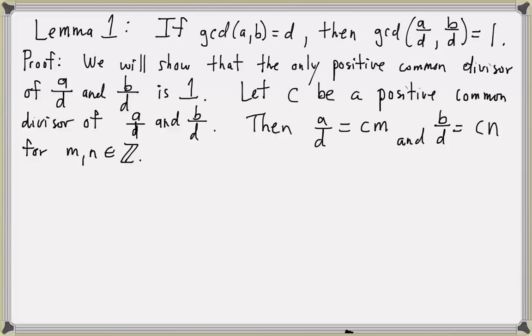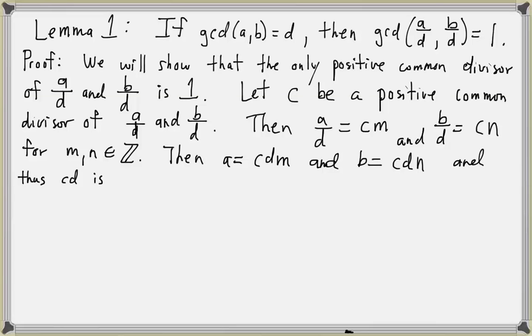Okay. If I multiply both sides of these equations by D, I see that A equals CD times M, and I can write B as CD times N. And this proves that CD is a common divisor of both A and B. Well, since C is a positive integer, C is greater than or equal to 1.